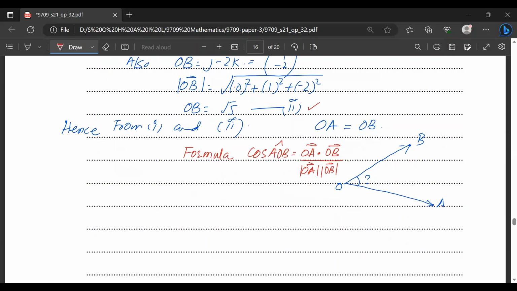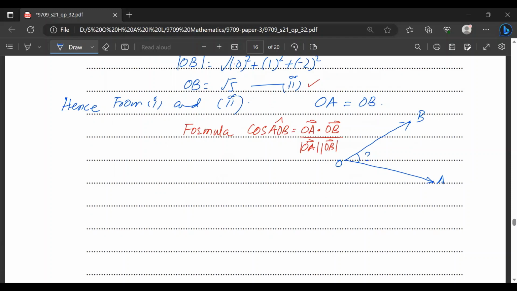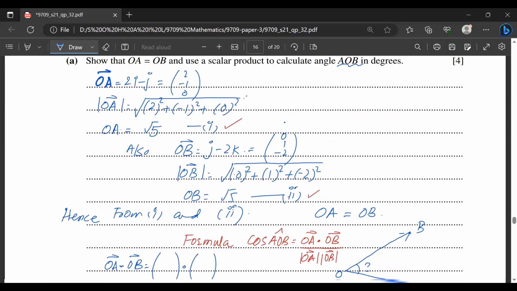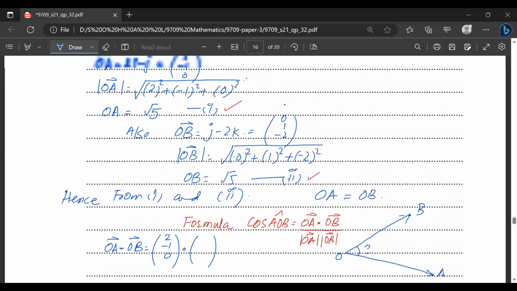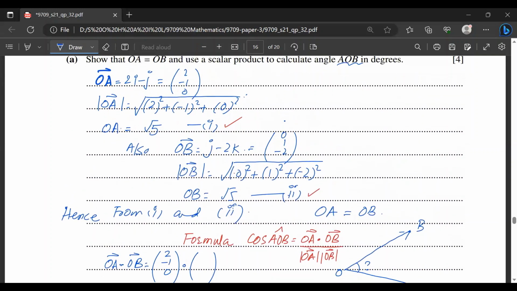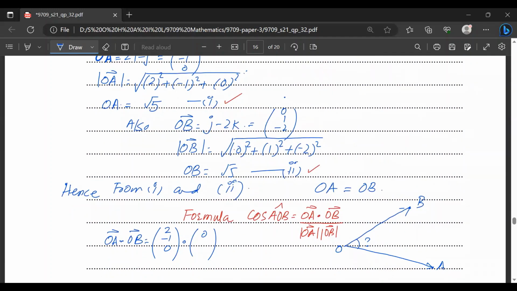So we need the numerator, which is the scalar product. So find the scalar product OA dot OB. The two vectors are given. You may write in column form just for your convenience. So 2, minus 1, 0, and the other is 0, 1, minus 2.